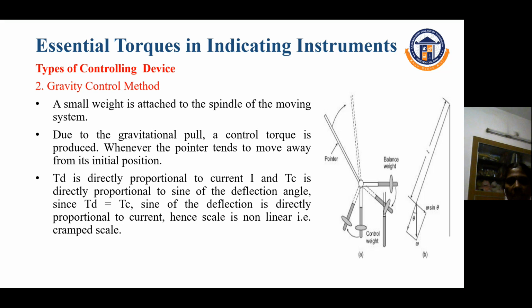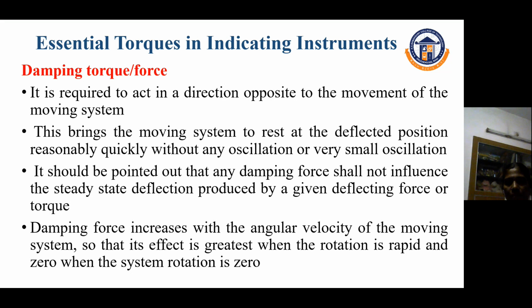Another essential torque is damping torque. It is required to act in the direction opposite to the movement of the moving system. This brings the moving system to rest at the deflecting position reasonably quickly and without any oscillation or with very small oscillation.